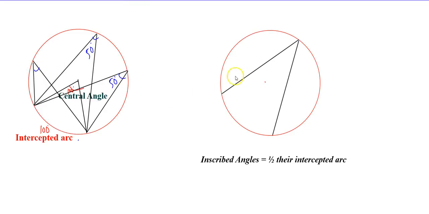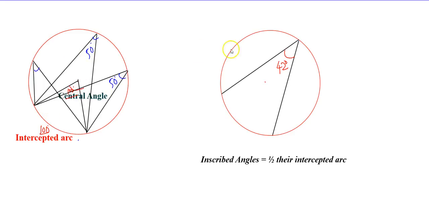Alright. Now in the other one in this figure, let us say they gave us this angle. Its measure is 42 degrees. If the measure of this inscribed angle is 42 degrees, then what is the measure of the intercepted arc? Like we know, if we have 50 degrees here, the inscribed angle, the intercepted arc has to be double of that.